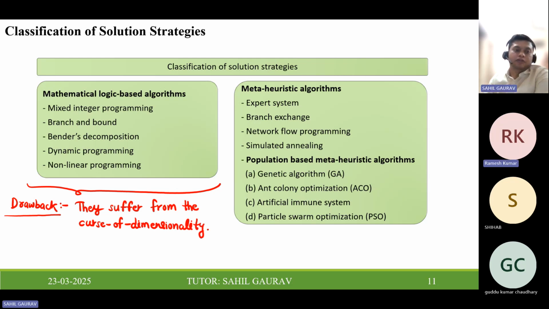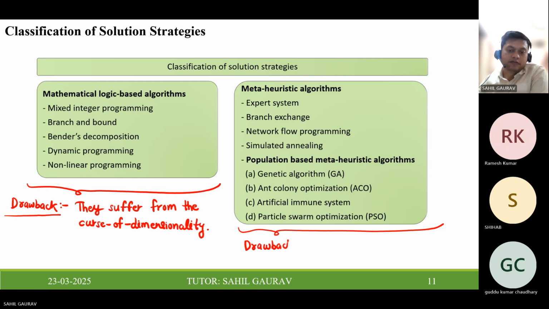To overcome this drawback, meta-heuristic algorithms came, and they don't suffer from the curse of dimensionality. But the drawback of meta-heuristic algorithms is that convergence is not always guaranteed.